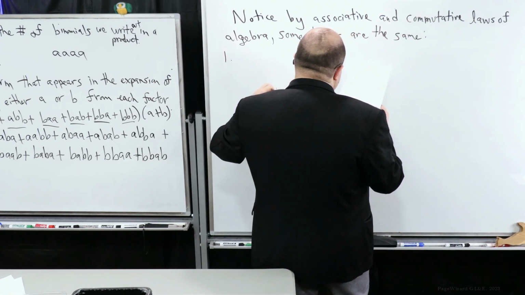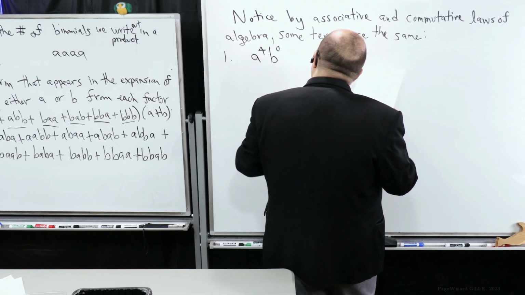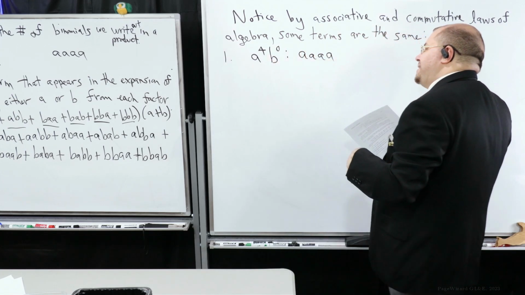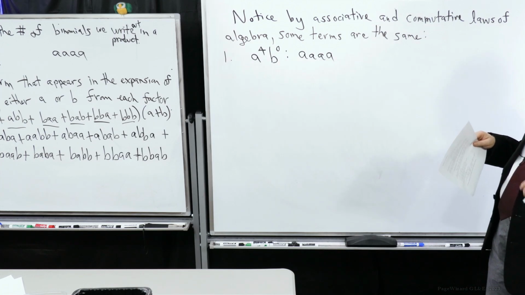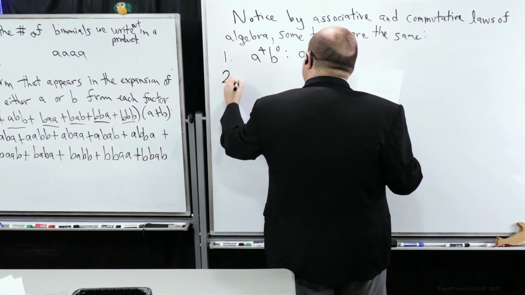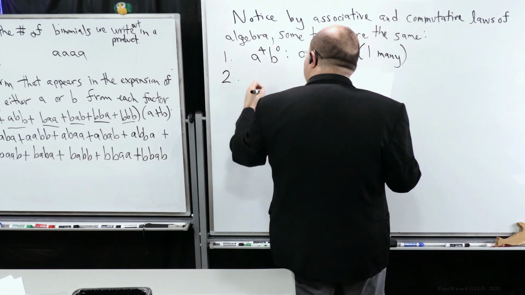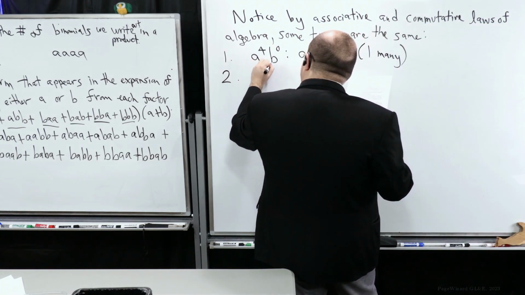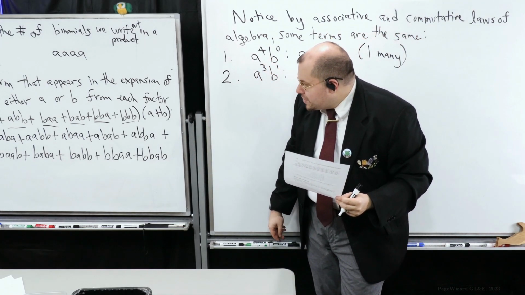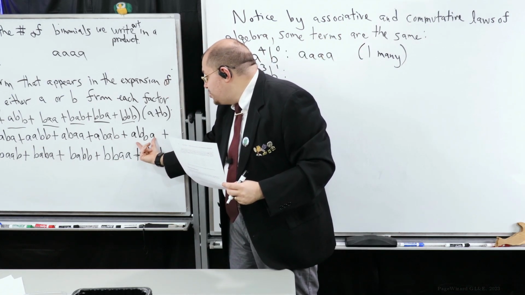So the first category is those that have 4 A's in them and no B's. They always look like this. So they have 4 A's in them, no B's. So there's one of those. The next one is when I have 3 A's and 1 B. Remember, like I said, I can rearrange some of these. For example, notice that I have 2 B's in this one and 2 A's. This one also has 2 B's and 2 A's in it.